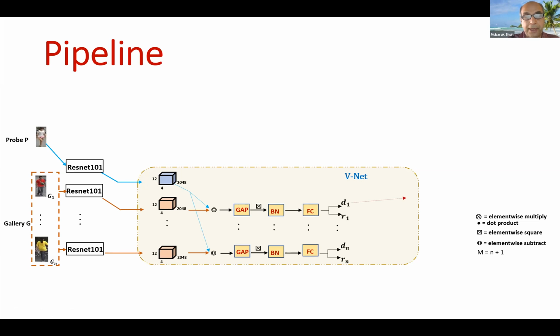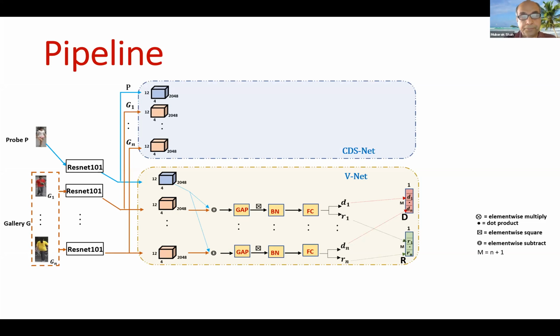At the end, we come up with the similarity and dissimilarity score, as we talked about for the Siamese kind of network. And here we have these two vectors, the T vector, dissimilarity, and the R vector, which is the similarity between the query or probe and all other gallery images. So that's what we call the verification network.